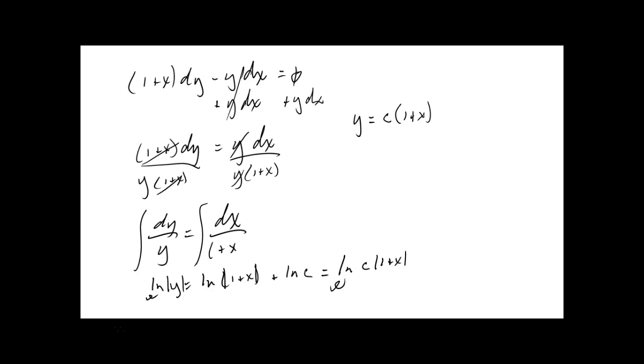So the advantage of putting the log c is now you can use the property of logarithm, combine those two terms on the right-hand side, and then you can take the e of both sides, and it gives you a lot cleaner solution, okay? An explicit solution, rather than one that has logs in it.